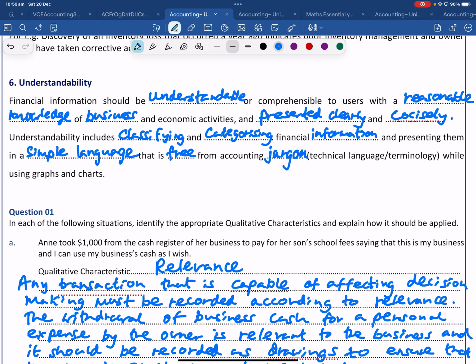So we are done. What did we finish, guys? Characteristics, and before that, assumptions. So where do we come across these two, assumptions and characteristics?